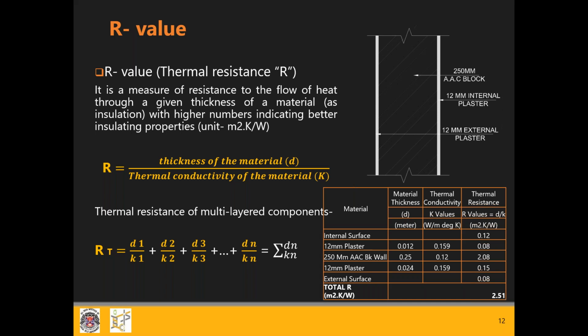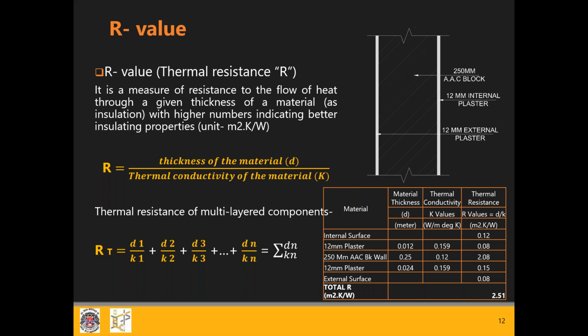As you can see from the formula here, it is the measure of resistance to the flow of heat through a given thickness of material, with a higher number indicating better insulating property. So that means if my R value is higher, my building envelope is more resistant to heat transfer.